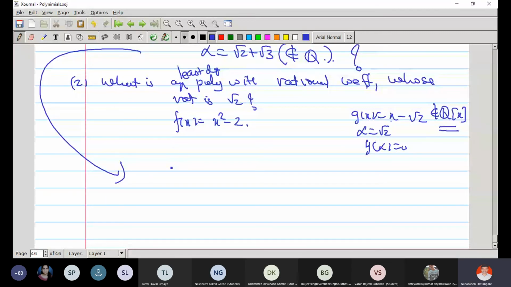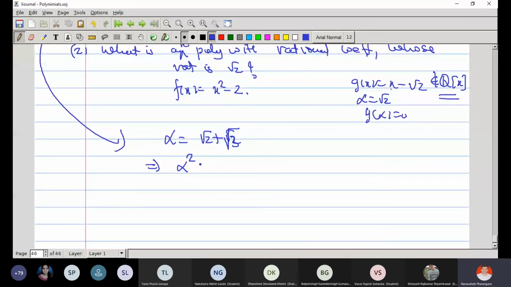Alpha is equal to root 2 plus root 3. Does there exist one? What is your answer? Yes or no? First of all, what is alpha square? 5 plus 2 root 6. Right? Then alpha square minus 5 is 2 root 6.